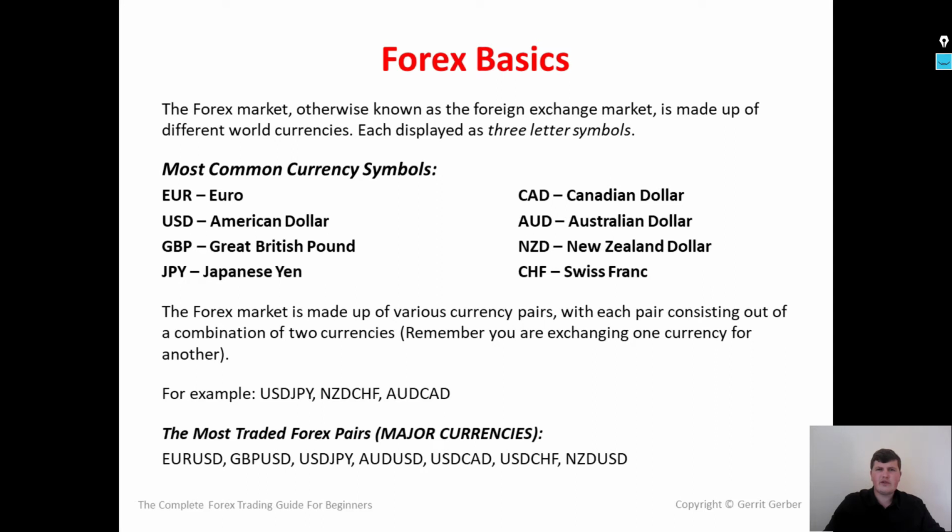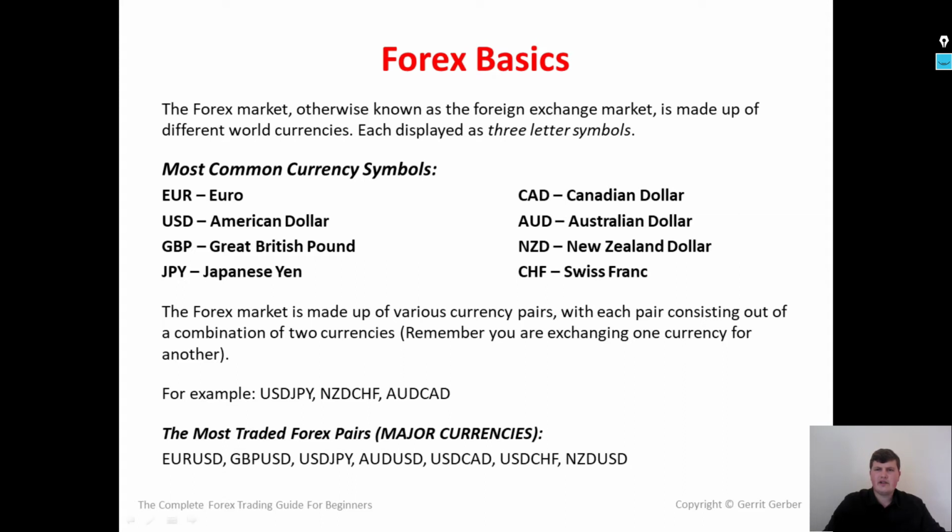The most traded Forex pairs, or the majors in the Forex market, all include the American dollar currency in the pair. And these pairs are the Euro USD, the Pound USD, the Dollar JPY, the Australian Dollar USD, the Dollar CAD, the Dollar CHF, and the New Zealand USD.